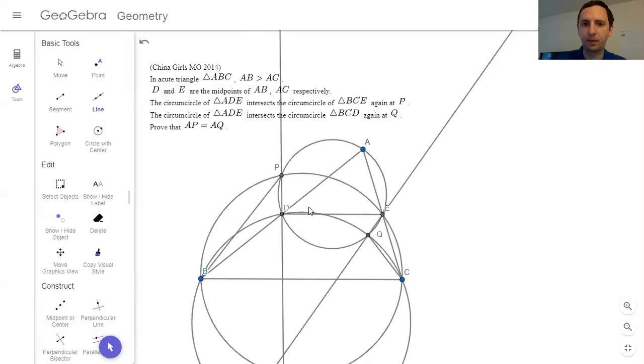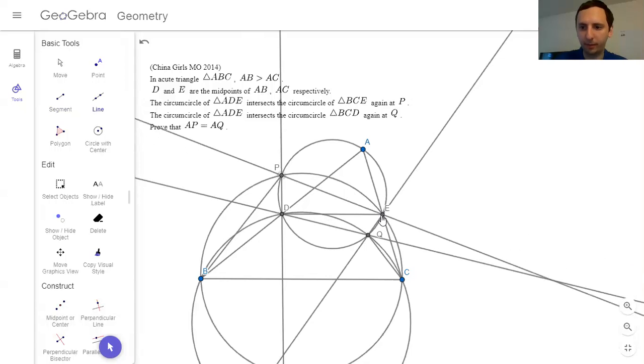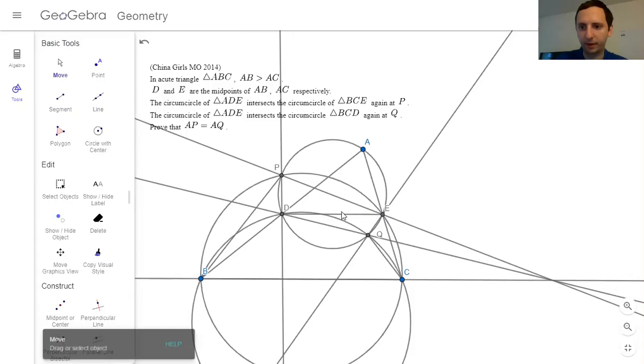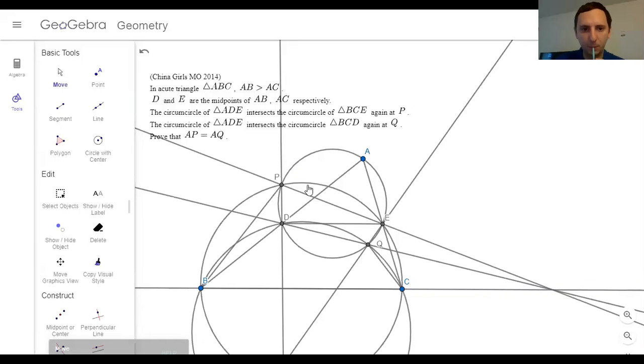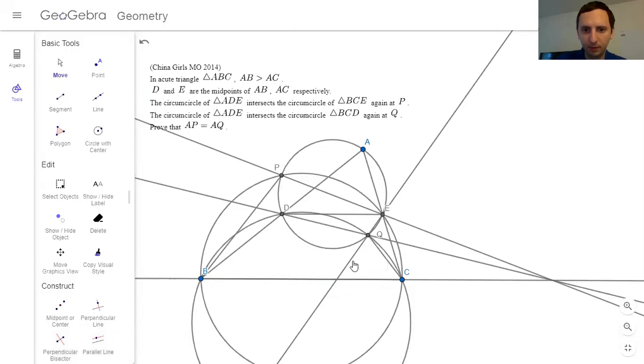That doesn't. Oh, QD and PE, maybe you meant. I think you might have meant that. Yeah. Okay. By the radical axis theorem, I'm guessing, right? Yeah.